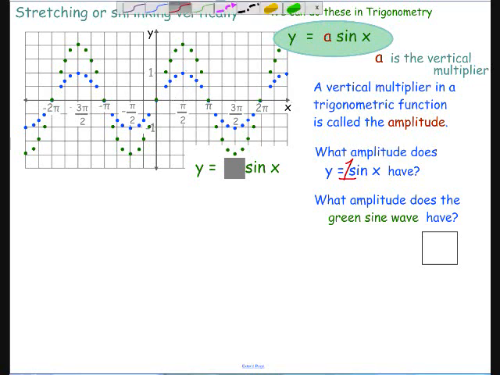Let me mark that. So from this point here up to the peak, that's what we're talking about. That's the distance we're interested in. What amplitude does this green one have?